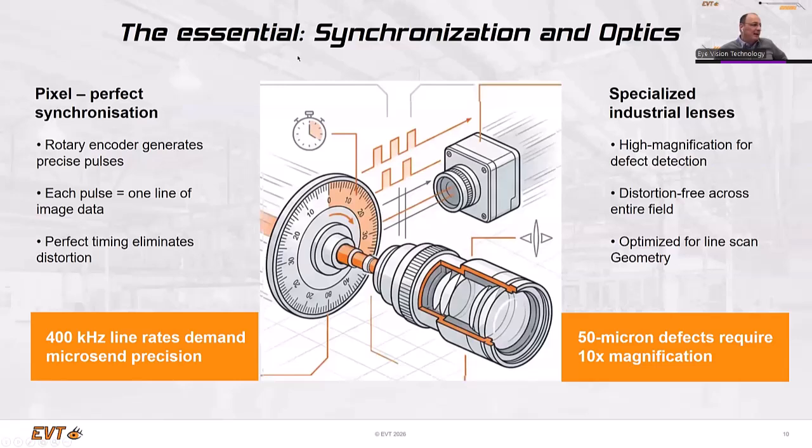An encoder is a device which is connected to the production belt where the material is handled. For each movement, it generates one pulse or multiple pulses per degree of movement.